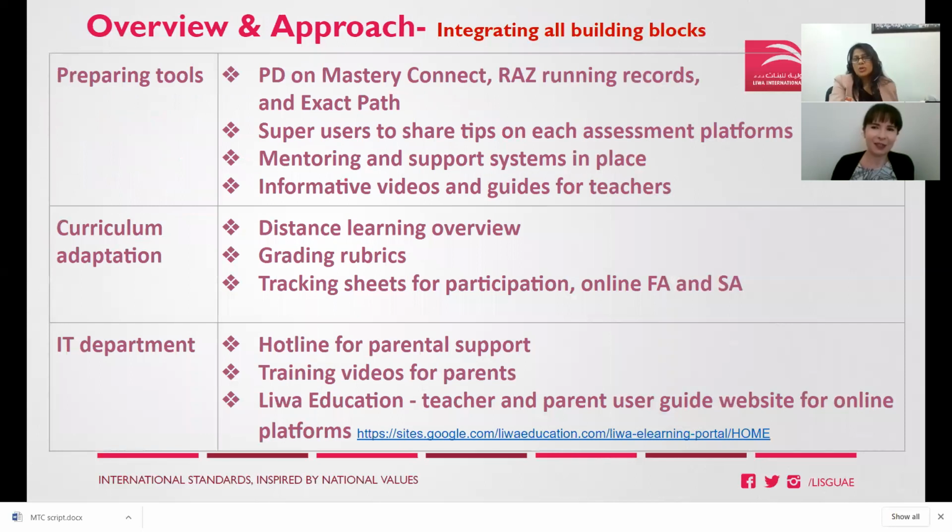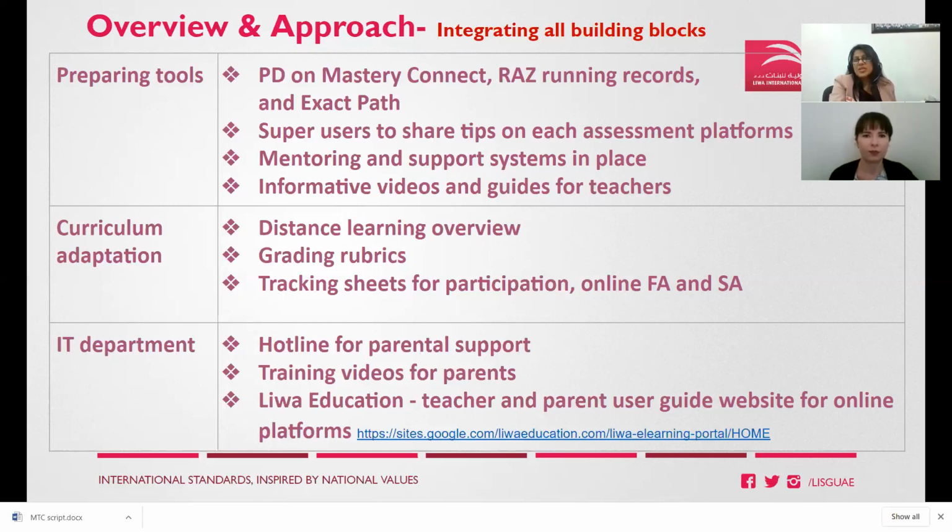So now I'll talk through how we integrated all the building blocks to prepare us for distance learning and have our assessments ongoing even while virtually teaching students. The first thing was preparing all the tools. We did have Mastery Connect, running records, and Exact Path with us, but we just needed some PD for teachers to help them use these online as well.